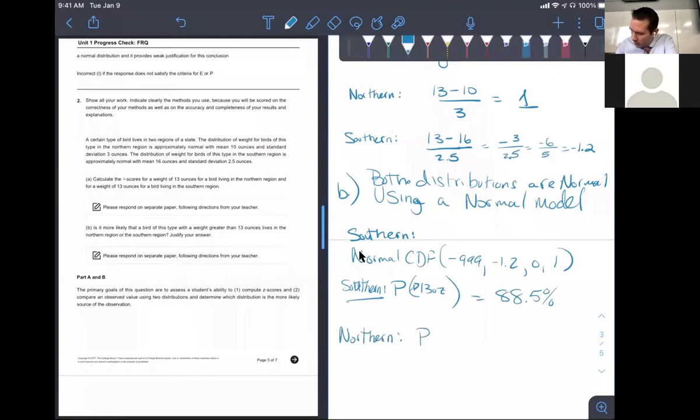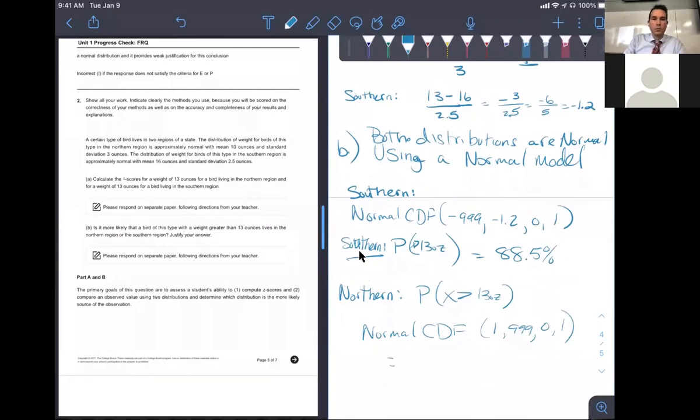In the northern region, the probability that we have a bird that's greater than 13 ounces is, again, normal CDF, 1 to 999, because we want greater, 0 to 1. So that would be equal to, it should be 84% or 16%. Yeah, 1 minus that, roughly 16%. So if I compare these two, which one is more likely?